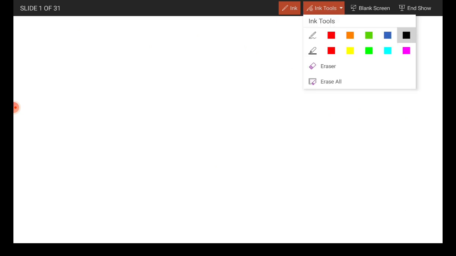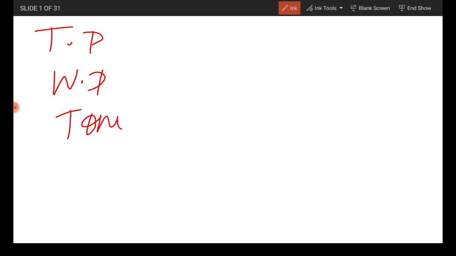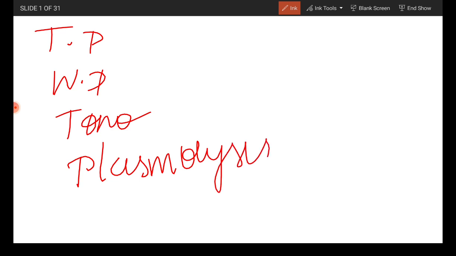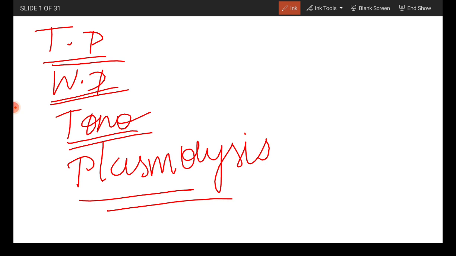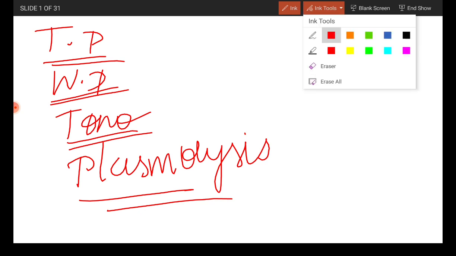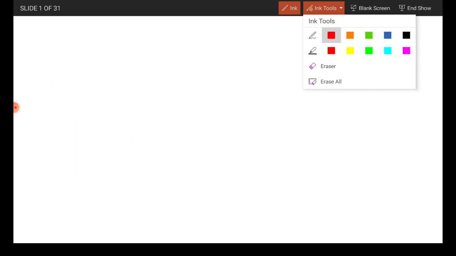Hope so far we have covered the basic things: turgor pressure, wall pressure, tonicity, plasmolysis and their characteristics. Hope this ends the experiment with osmosis.